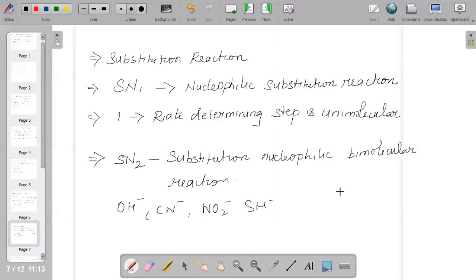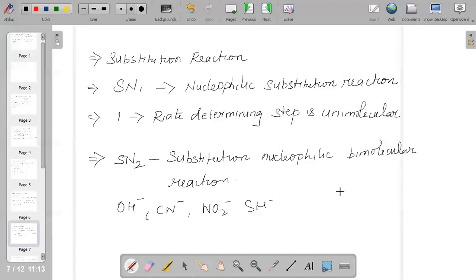And in the second step, the nucleophile will react rapidly with the carbocation that was formed in the first step. This reaction is carried out in polar protic solvent, for example water, alcohol, acetic acid, and it follows first order kinetics. That is why we say it is substitution nucleophilic unimolecular.